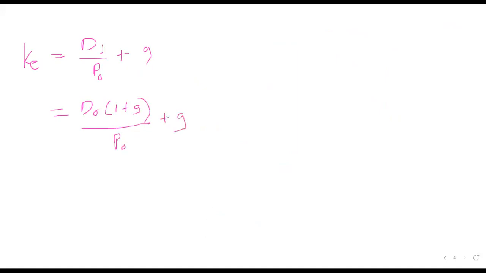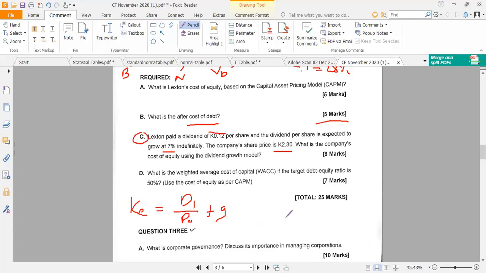What are we given in this question? We've been given a growth rate. g is 7%, also given. Our D0 is 0.12. And then the P0, the price now, is 2.30.